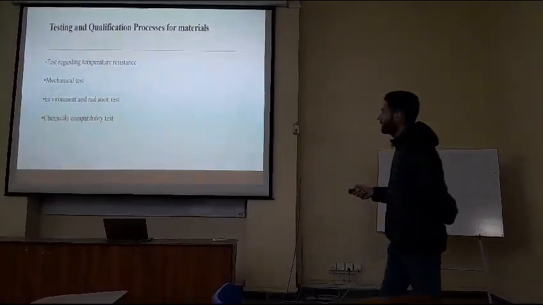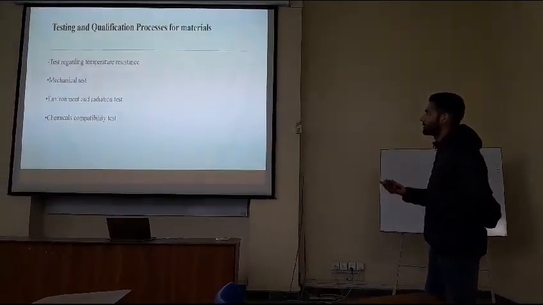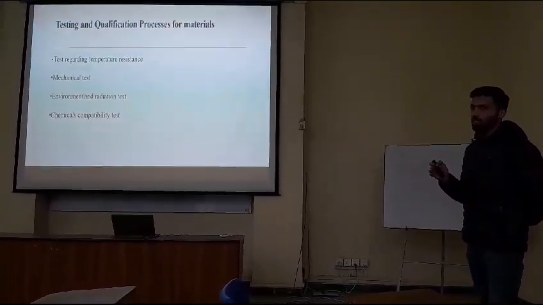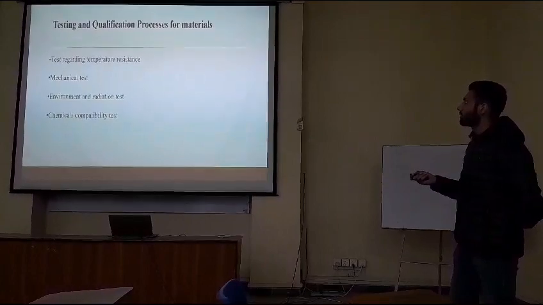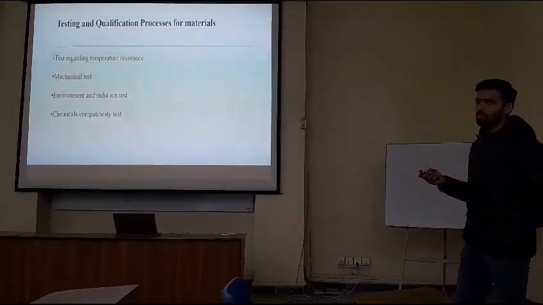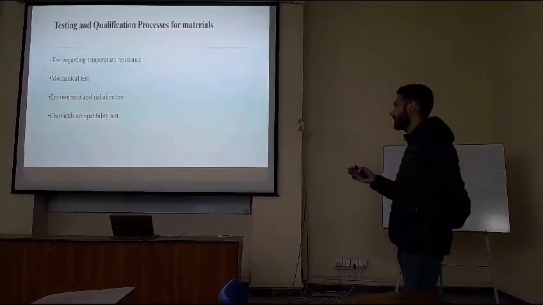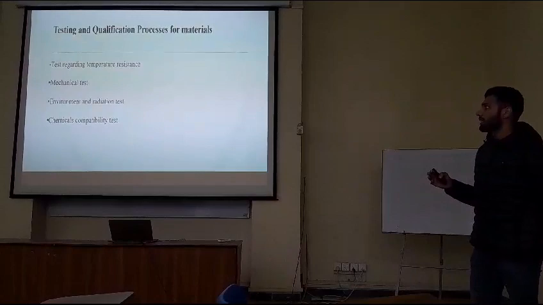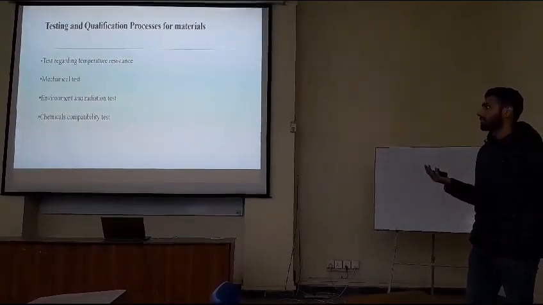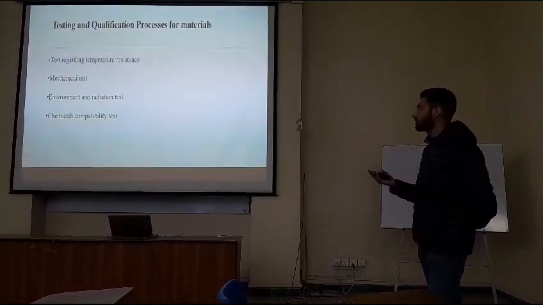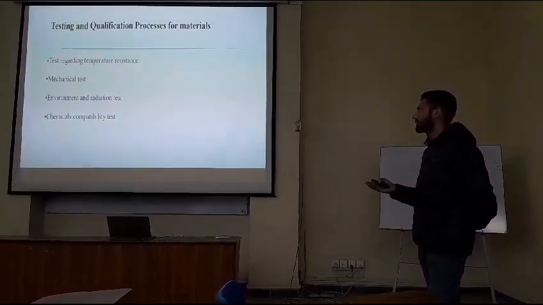So for any material to be selected by NASA or other space agencies, there are some tests that the material has to go through. The first is a test regarding temperature resistance. For satellites that will be encountering plasma, the temperature will be much greater than 100 degrees Celsius, maybe near 300 or 400 degrees Celsius.